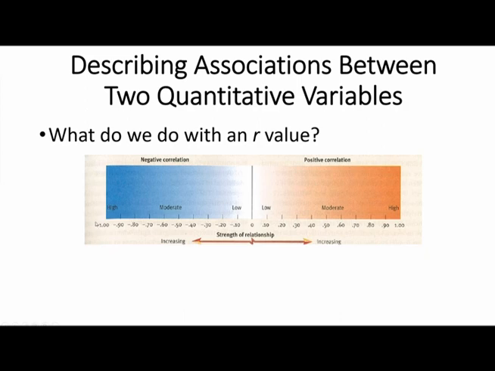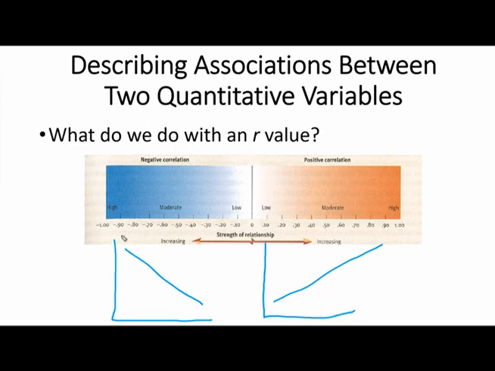Do we have a minus sign in front of it, making it negative? Or do we have no sign, or sometimes a positive sign, giving us a positive correlation? And that's just telling us the direction of the line. So positive correlation goes that way, and negative correlation goes that way, if we were looking at our scatter plots.